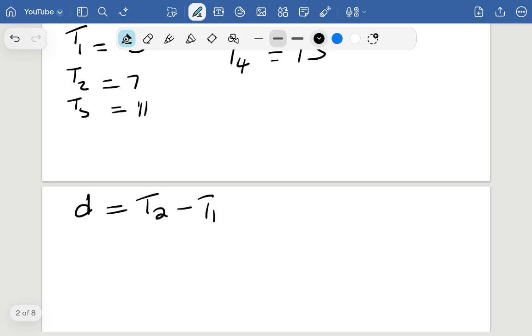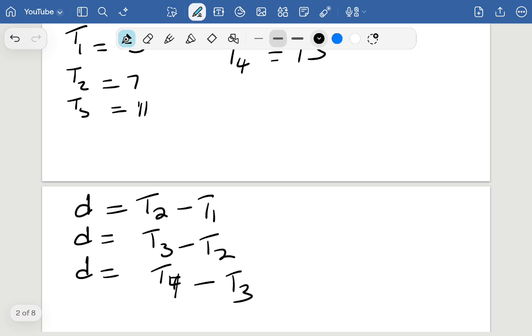Another one might say d is equal to T3 minus T2, and you can also say d is equal to T4 minus T3. So you need to find the same value here. Hence it's called a common difference.